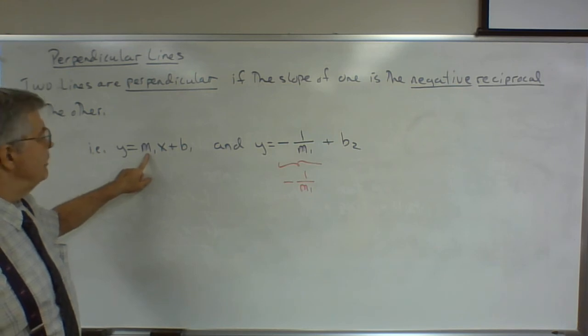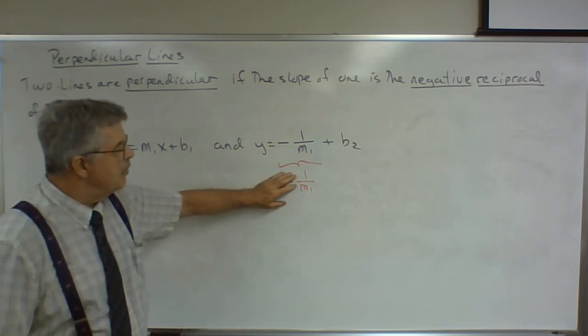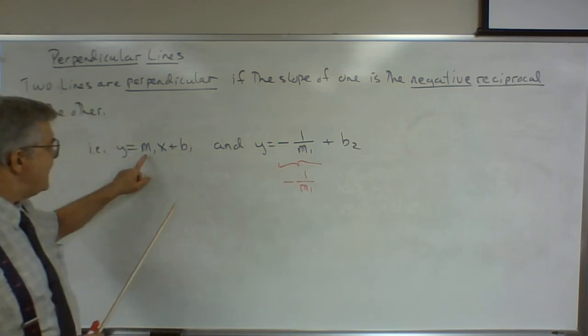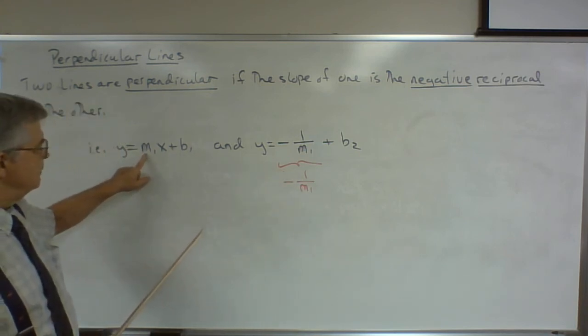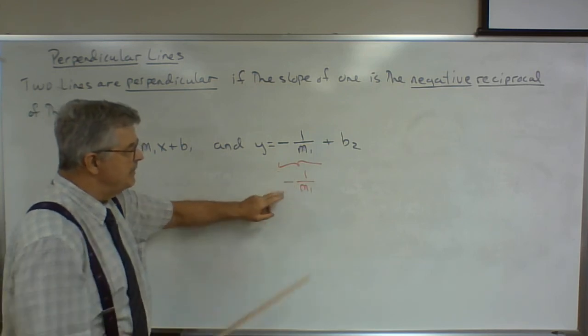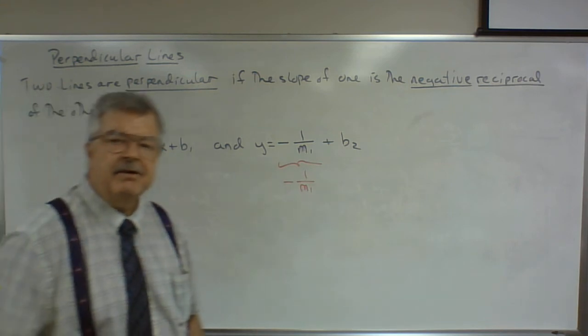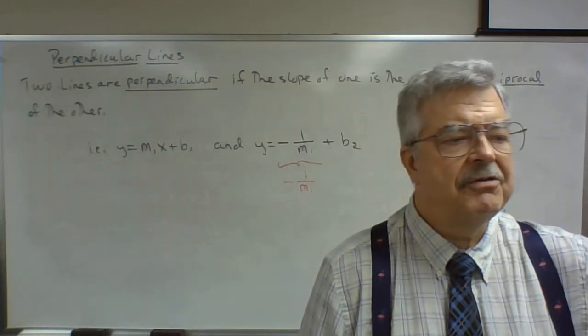The slope of this line is m sub 1. If we take the reciprocal of this slope, we get 1 over m sub 1. And if we take the negative reciprocal of this slope, we get 1 over m sub 1 with a negative sign in front. Clear as mud? Let's look at an example.